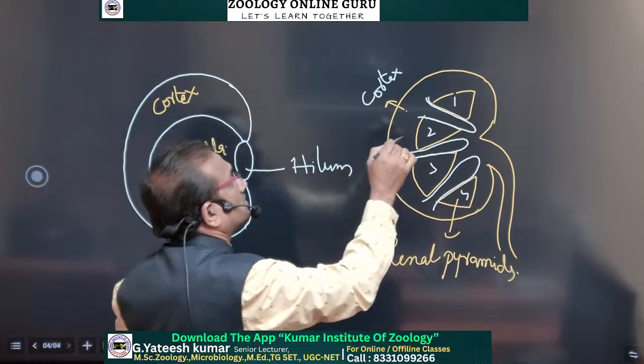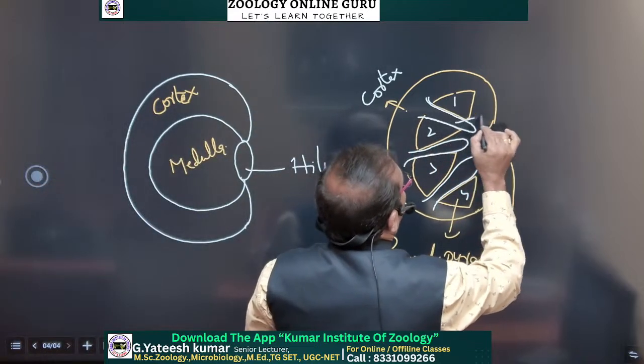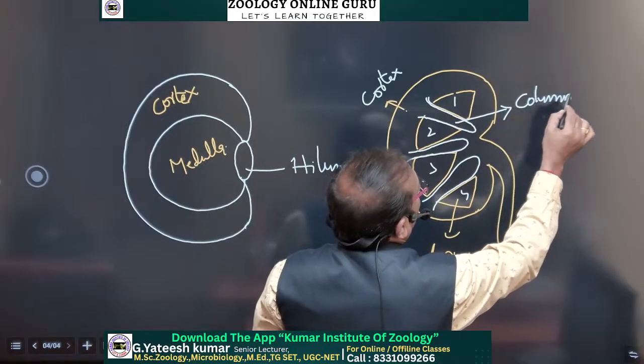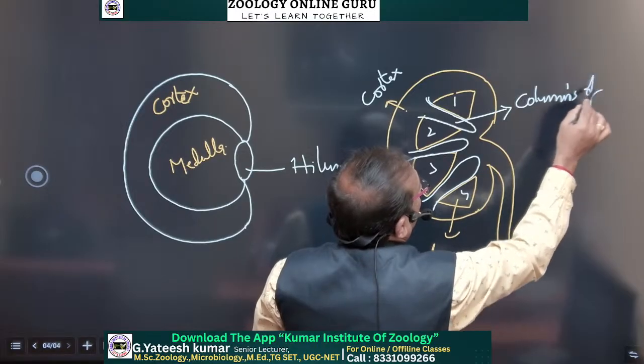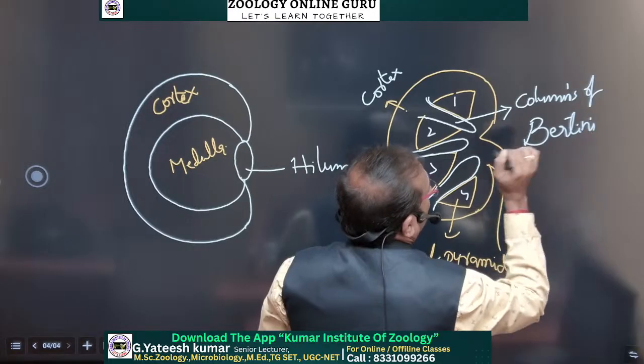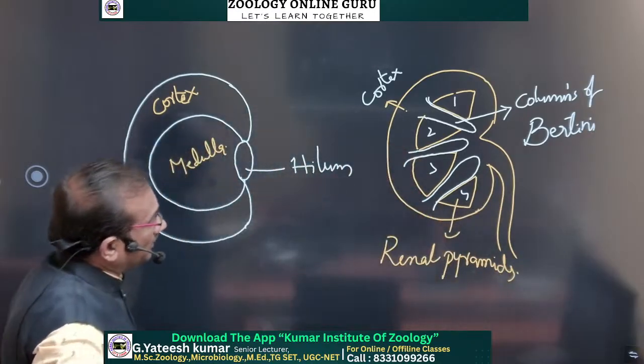This column is known as the renal column, also known as the columns of Bertini.